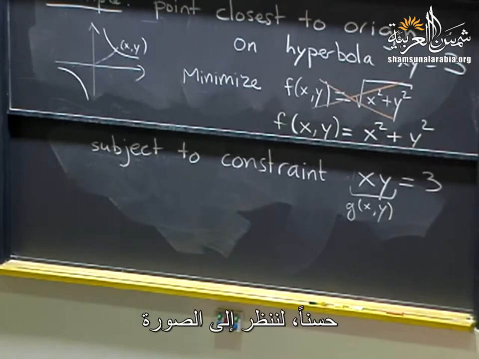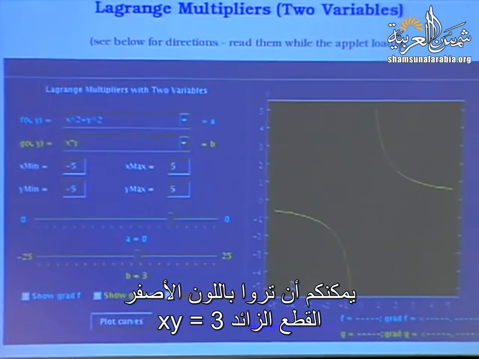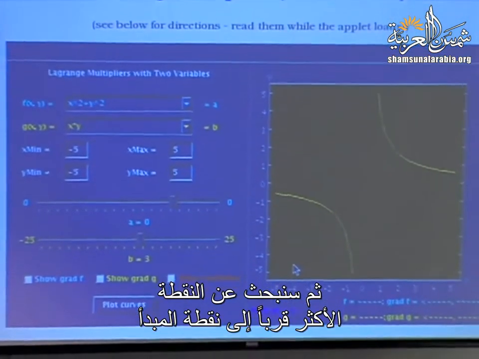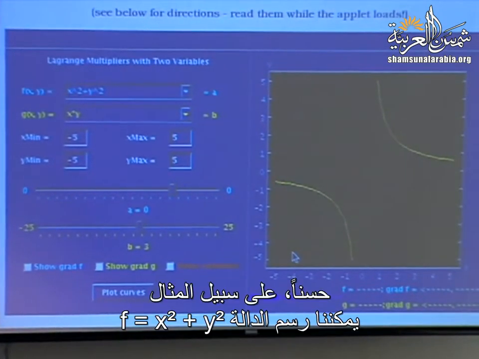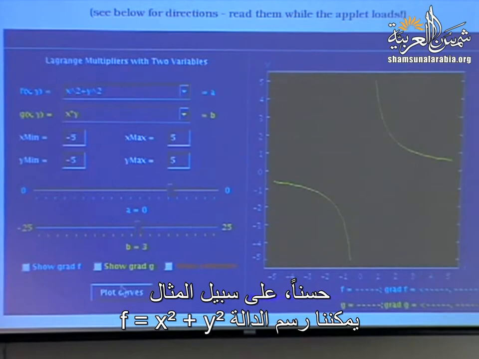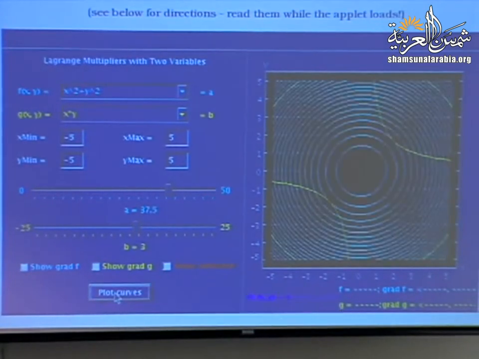So let's look at a picture. So here you can see in yellow the hyperbola xy equals 3, and we're going to look for the points that are closest to the origin. So what can we do? Well, for example, we can plot the function x squared plus y squared, function f.